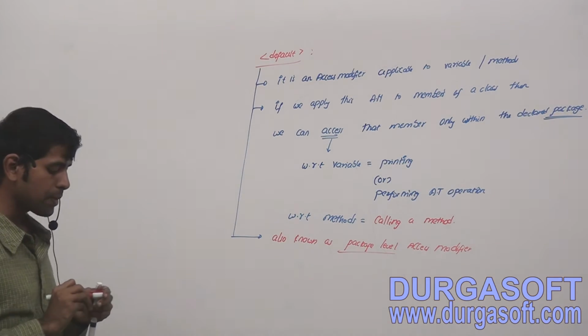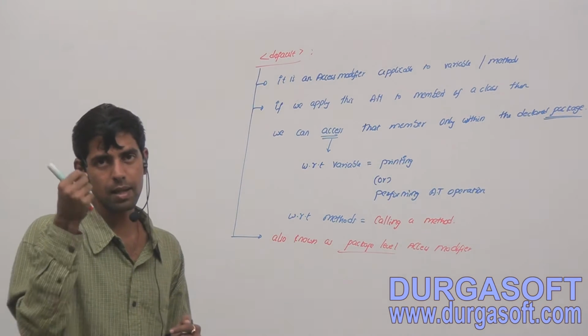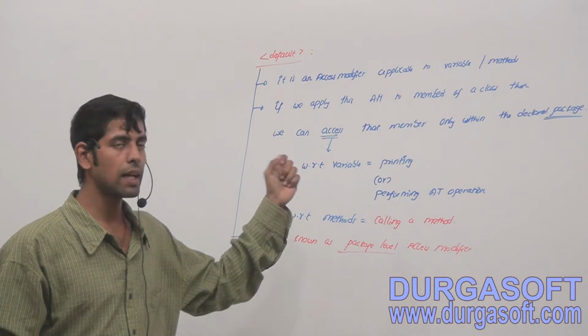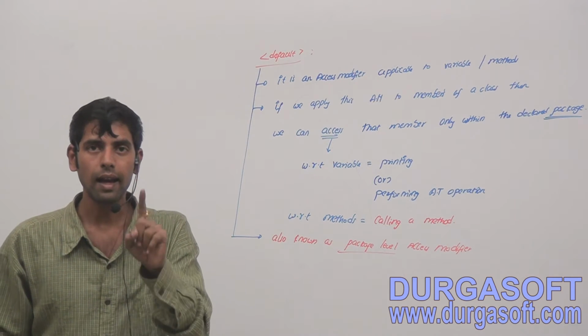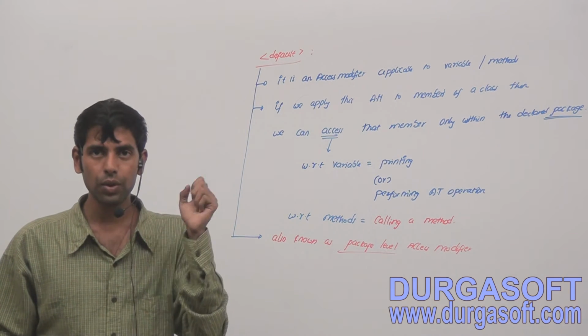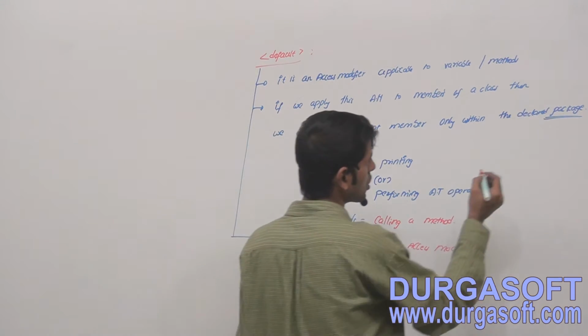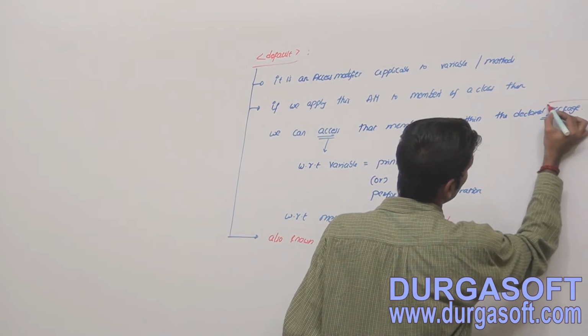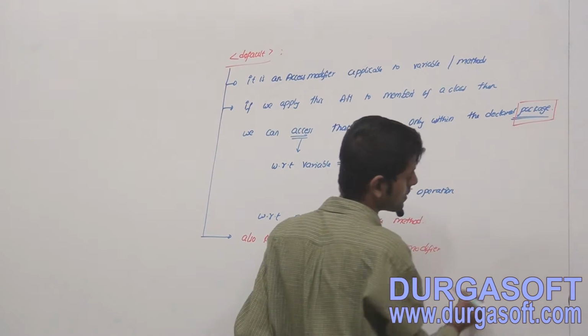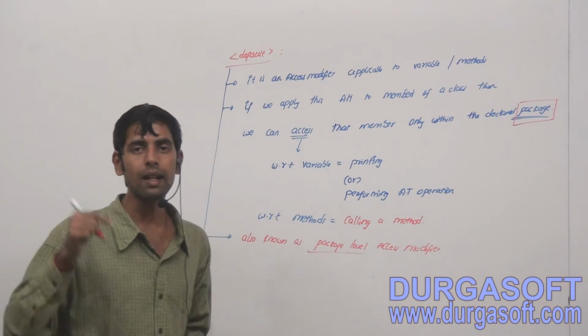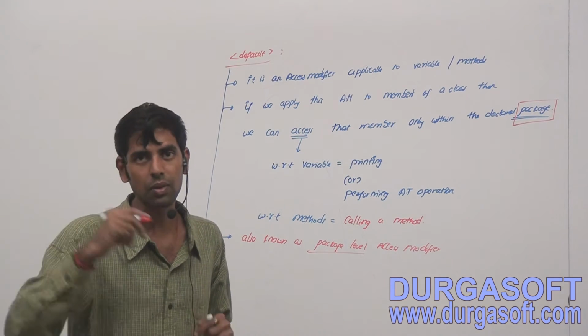Now let us see one example. Before we go for that example, I want you guys to remember one thing. Package directory structure is a must for each and every access modifier to understand their internal implementation behaviors.